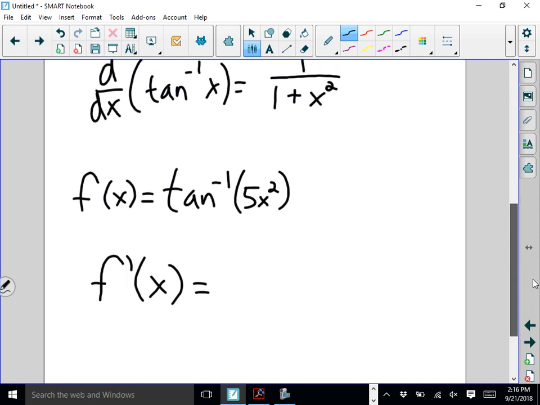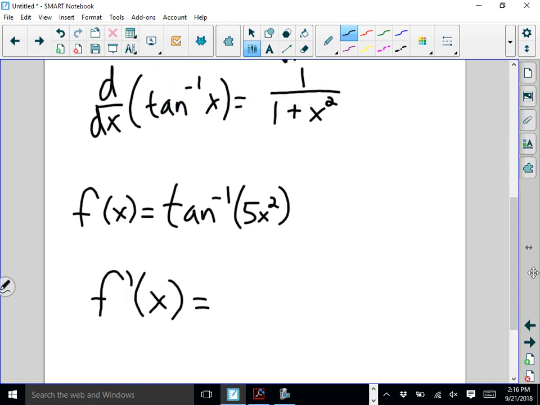Again, we're doing the derivative of the outside with respect to the inside. But as we know, that is not the end of the chain rule. The derivative of the outside with respect to the inside is the first part, but we've got to chain on our derivative of our inside. So we have to multiply this thing by the derivative of 5x squared, which is 10x.